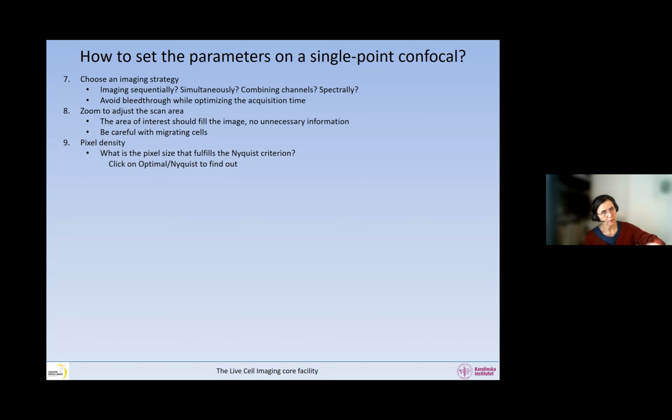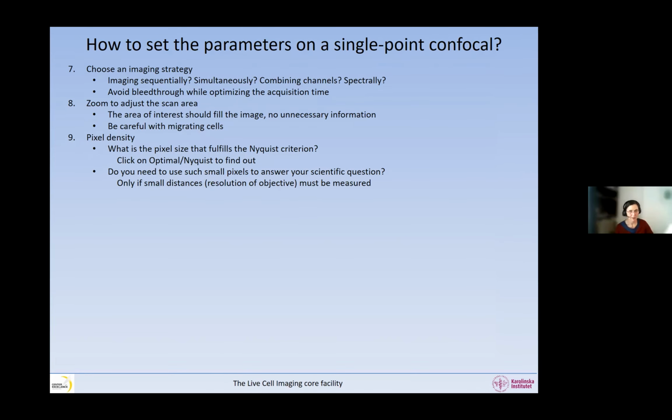But so you push the button, you see the Nyquist pixel size, and then you need to ask yourself, do you actually need to use such small pixels to answer your scientific question? So now we go back to point number one, the scientific question, and what do we need to measure? And maybe what the objective delivers might be more than what you need.